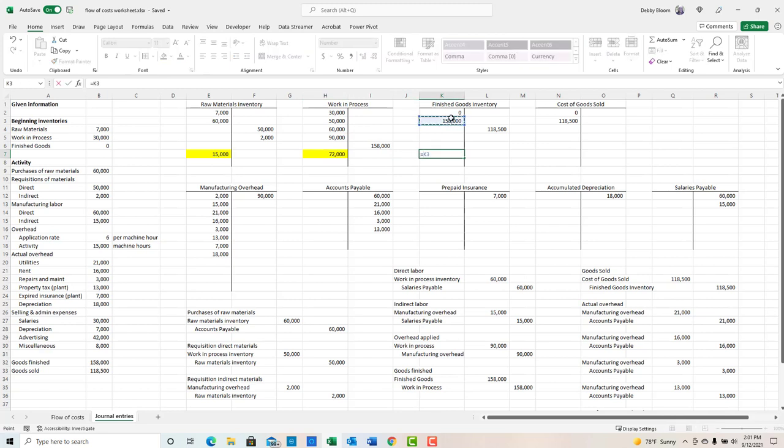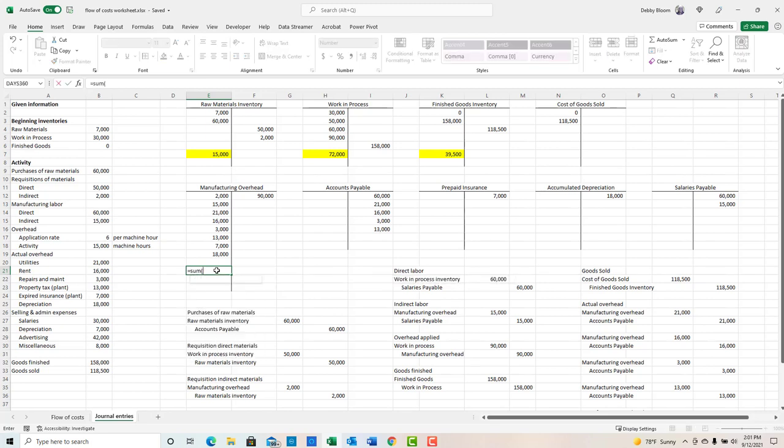For finished goods, we're going to increase it by 58 and decrease it by 118,500. So we have 39,500 in finished goods inventory. And finally, cost of goods sold for right now has a balance of 118,500. But the last thing we're going to have to do is close our manufacturing overhead.